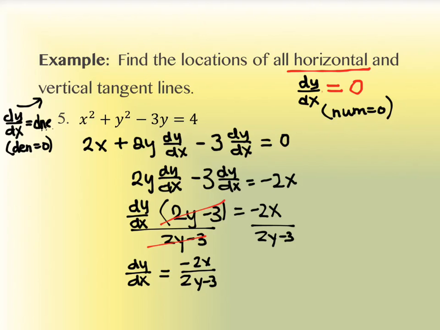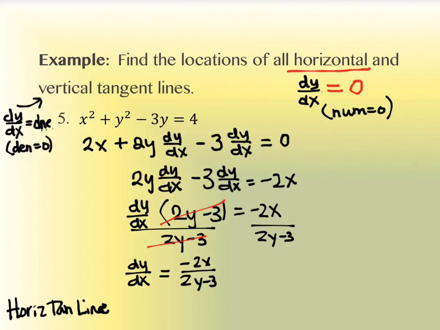So the two questions I was supposed to answer were about horizontal and vertical tangent lines. So my horizontal tangent line is when the entire dy dx is equal to 0. Well, the way that a fraction equals 0 is if the top does. If the top is equal to 0, the whole fraction is 0. All right?